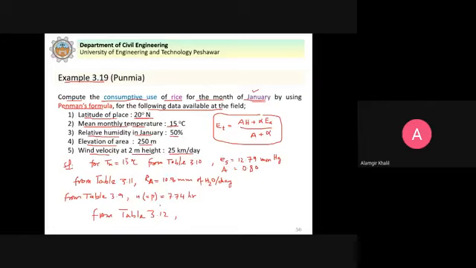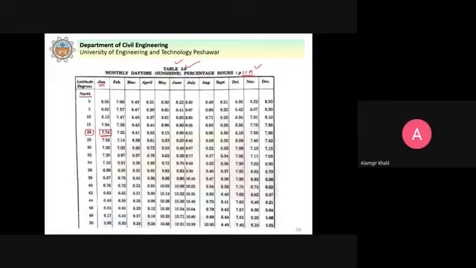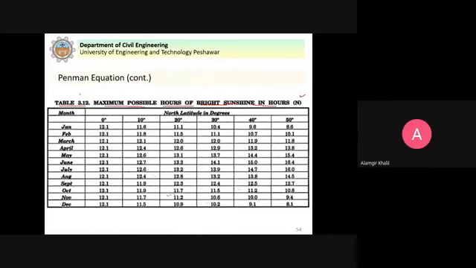From there, what we can read, again we have table 3.12 here. So we can read the value of the capital N, which is the maximum possible hours of bright sunshine. So in this table for latitude 20 degree, north latitude in degrees, and we have the month of January.